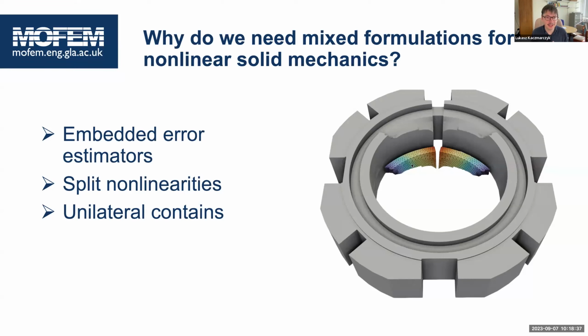So you end up with explicit-implicit formulations. That is possible when you have a mixed formulation. It will be difficult to achieve that goal with classical formulations. And finally, when you use the mixed formulation, as I will show you, you can handle unilateral constraints greatly, because you're changing Dirichlet conditions to be natural, and the problems associated with contact can be handled much more easily.